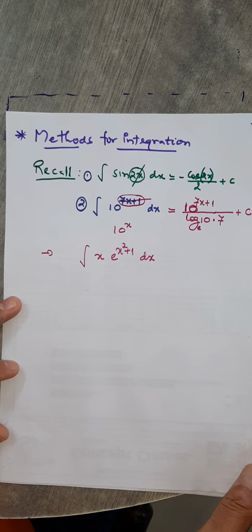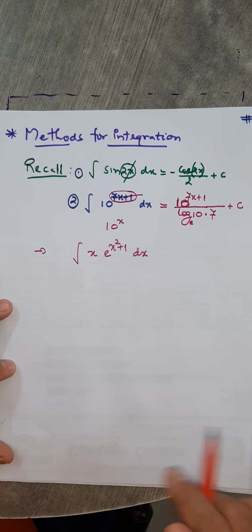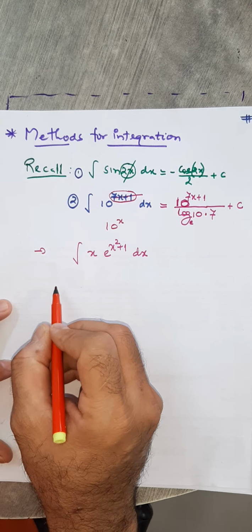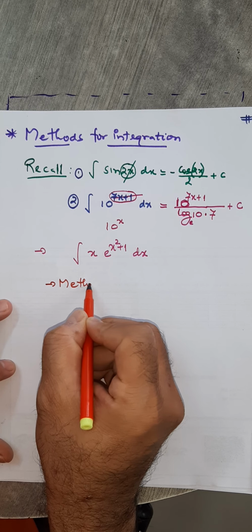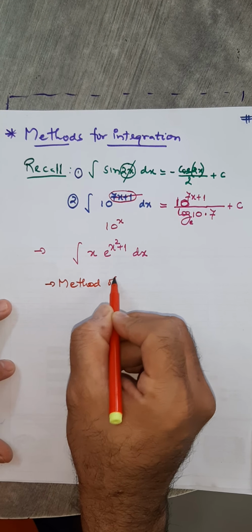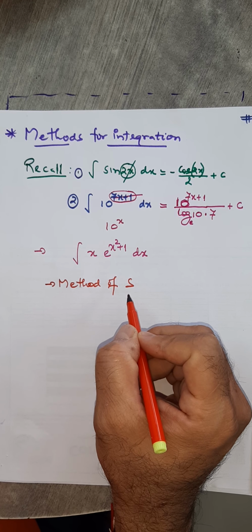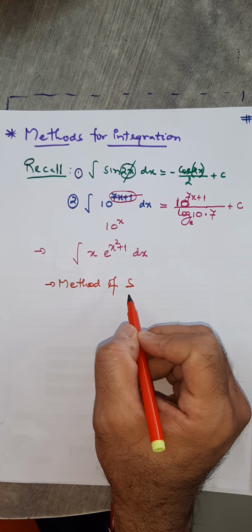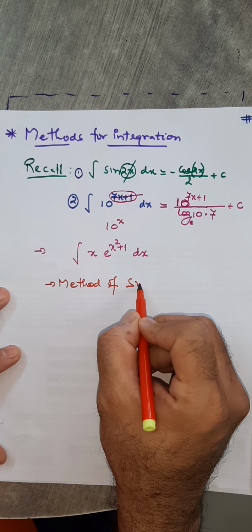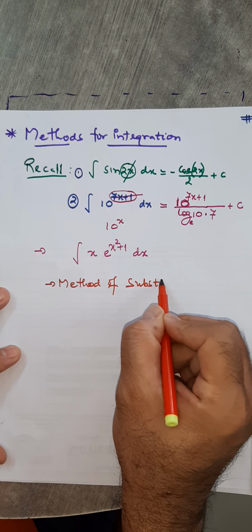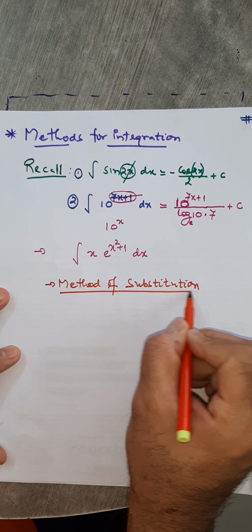So in such questions, what we'll do is introduce some new variable. It is sometimes called the method of substitution. We substitute some new variable, so it's known as the method of substitution, remember.